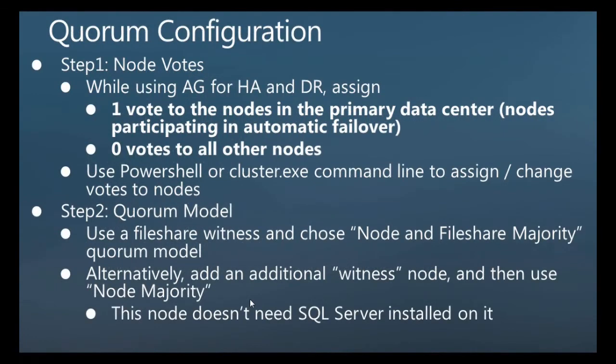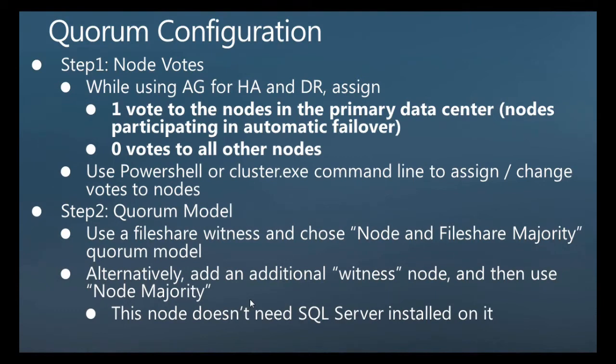So here comes the quorum configuration. How you're going to configure your quorum in this solution. The first thing is you need to think about which nodes you want to give the vote. The suggestion from our side is you need to have one vote for the node which is in the primary data center, and also participates in the automatic failover.